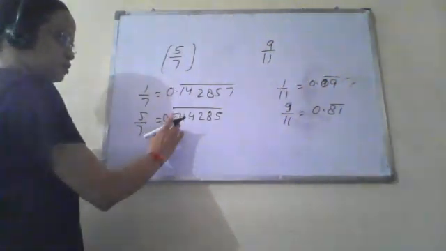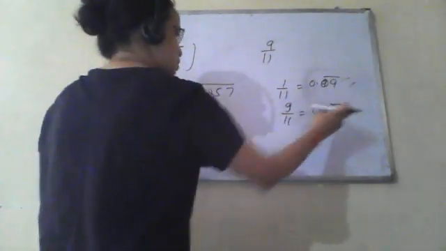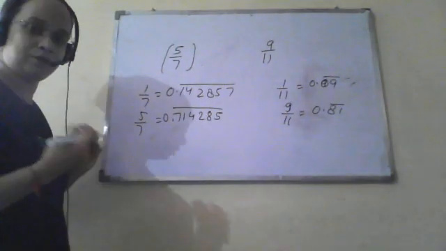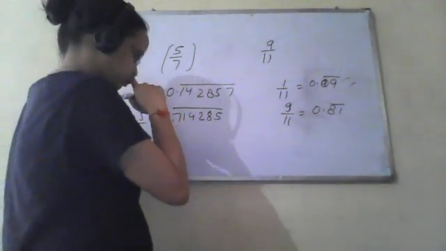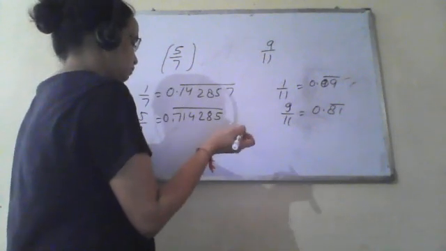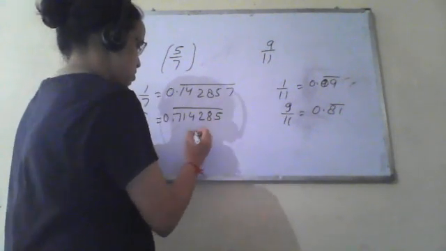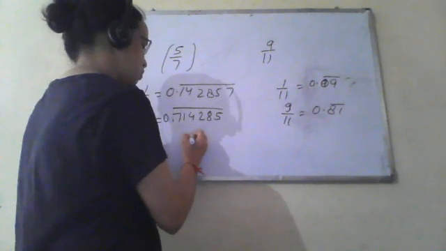So you have to take numbers between these two. You have to find three numbers. Any number you can take.